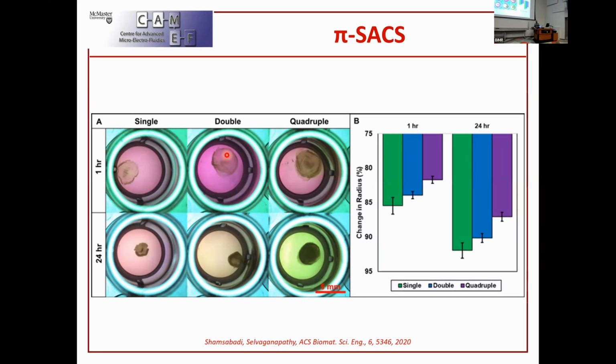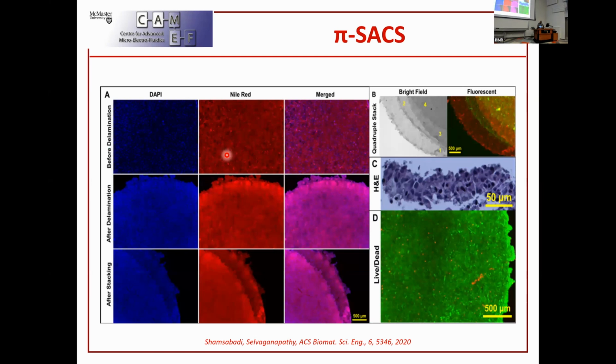But if you stack multiple cells together, then the traction forces that the cell exerts are balanced by adhesion between the 2 different layers, and then the shrinkage is lesser. Similarly, if you apply this onto a pre-existing tissue, you can also restrict the shrinkage of these sheets. We've shown that these sheets are about 50 micrometers in thickness, about 5 to 8 cell layers, once that initial shrinkage has happened.